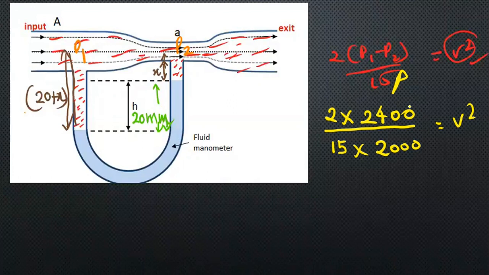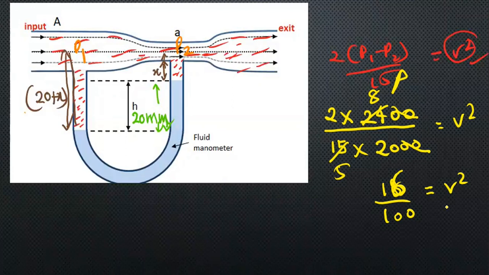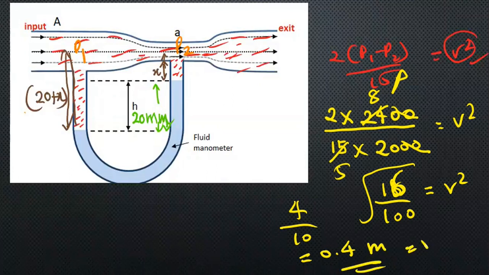Here this 20 we can cancel off, and we get 16 divided by 100 for v squared. Let's take the root of this. The root of 16 is 4, and the root of 100 is 10, so we get 0.4 meters per second as v. So the answer we are getting is 0.4 as the answer here.